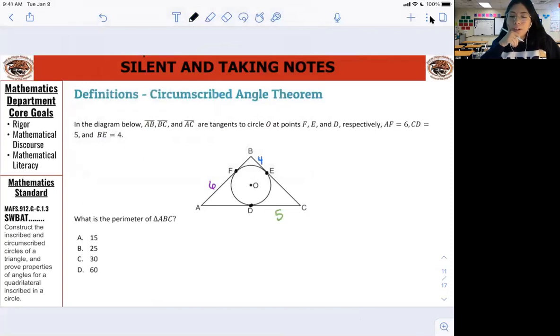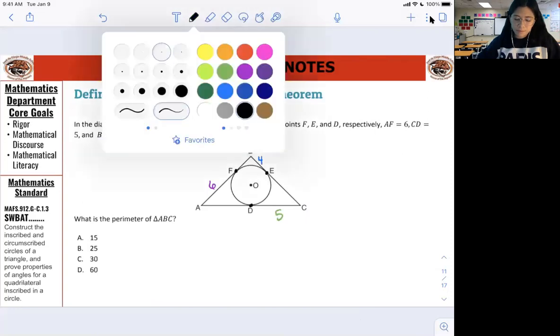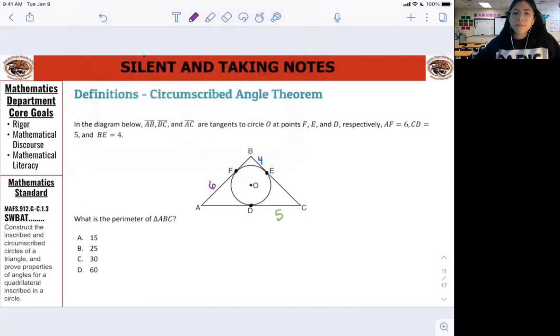But what did we just learn about tangent lines? What did we learn about tangent lines that might be able to help? I know about the 90-degree rule.